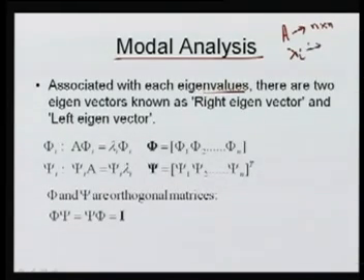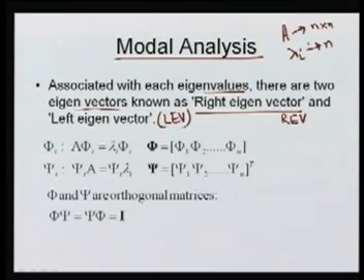For each eigenvalue there will be two eigenvectors, known as the right eigenvector, REV, and the left eigenvector, LEV. These vectors give a lot of information, basically the participation analysis.